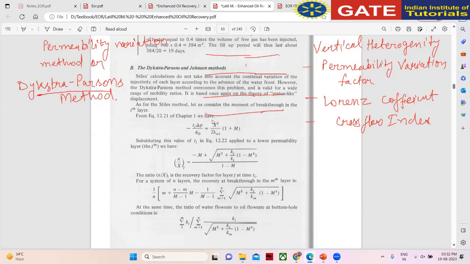These are the two scientists, and the method is named after them. The formula is V equals K50 minus K sigma divided by K50, where K50 is the permeability at 50% and K sigma is the permeability at 84.1, divided by K50.